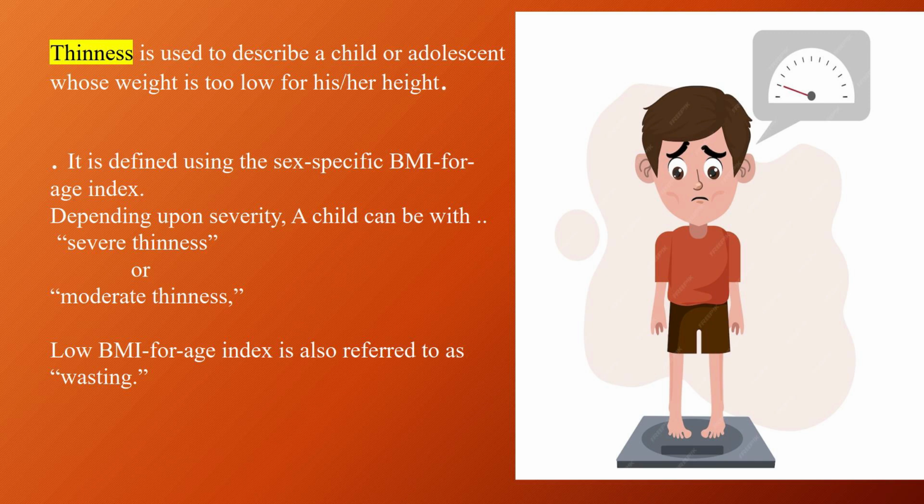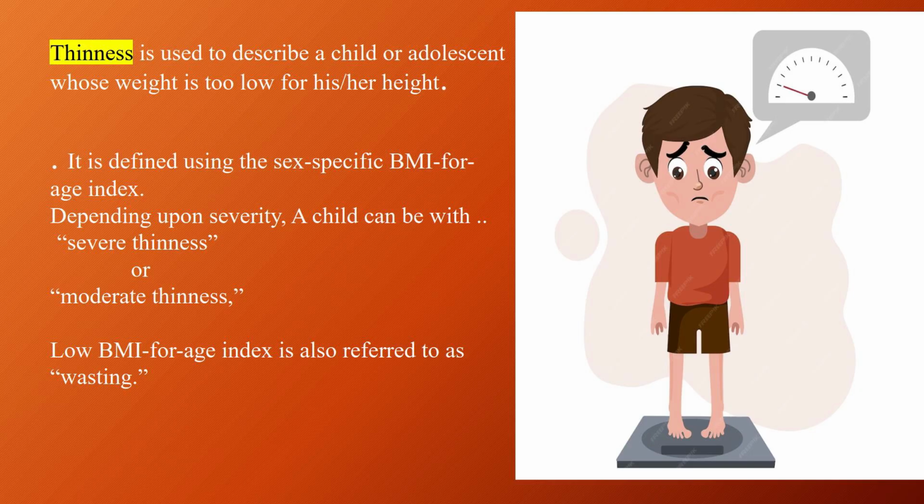That is the category when I say that a child is suffering from thinness. It is defined by using the sex-specific BMI for age index. It is a very important point to keep in mind.